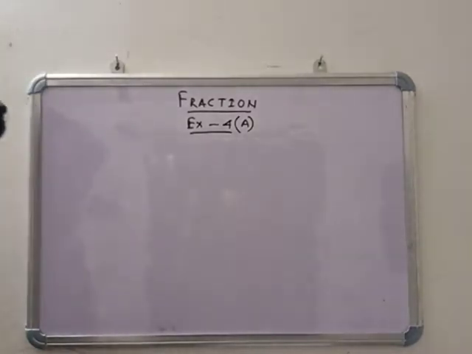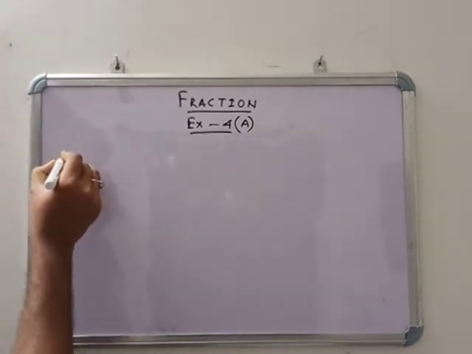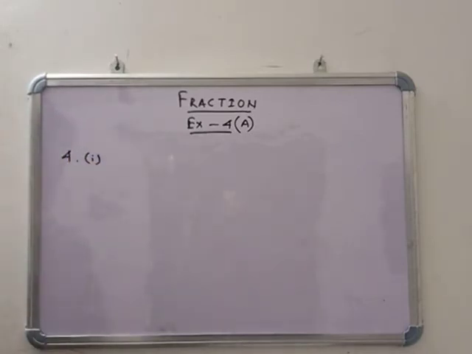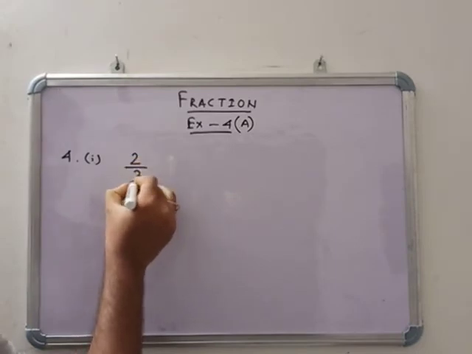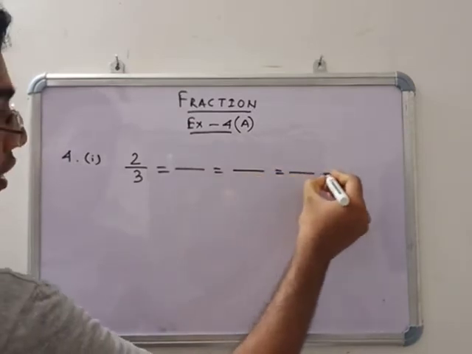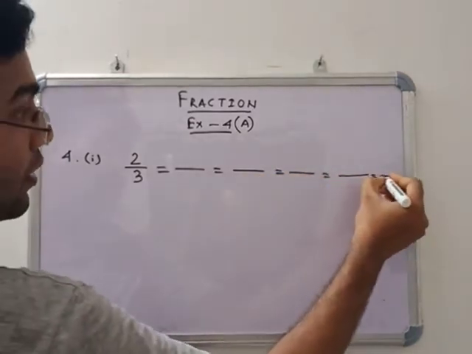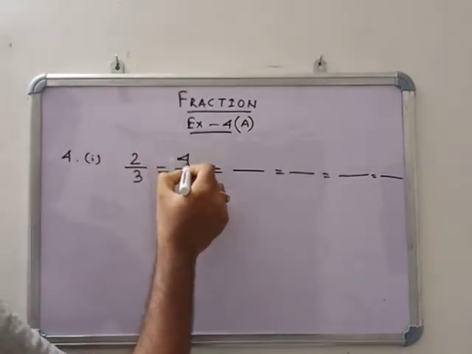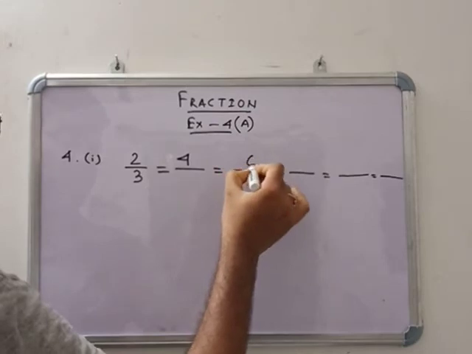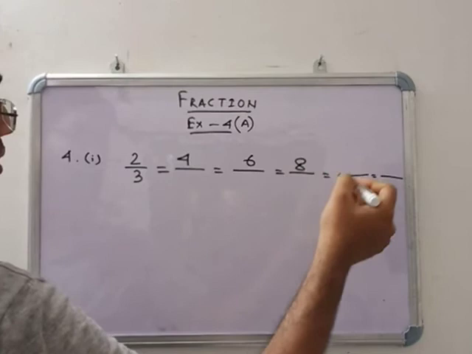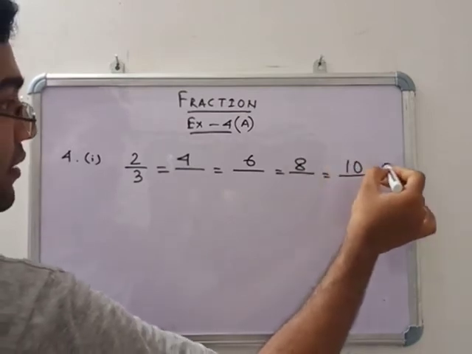Now, write 5 fractions equivalent to each of the fractions. In number 4, the first fraction given is 2 by 3. So you have to write 5 equivalent fractions. Multiples of 2: 4, 6, 8, 10, 12.